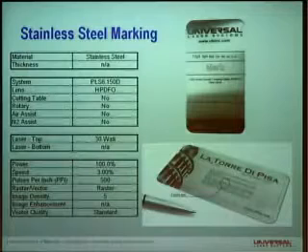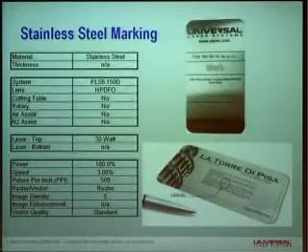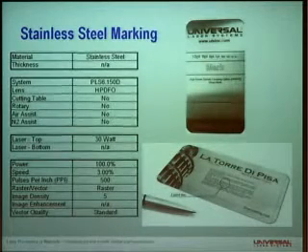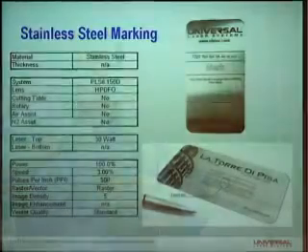We've got a 30-watt laser. And then here's all the process conditions. 100% power, 3% speed, 500 pulses per inch, with an image density of 5, which corresponds to a line-to-line pitch of 500 per inch.